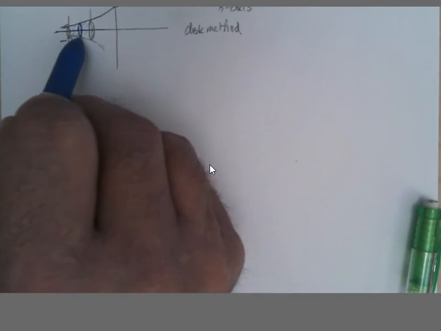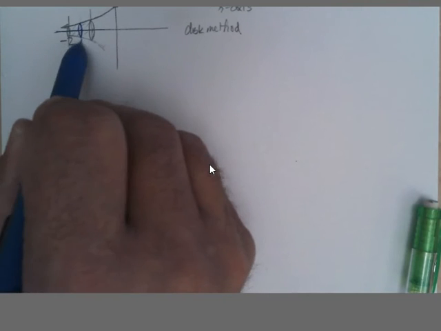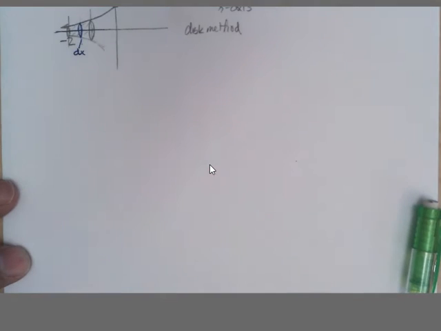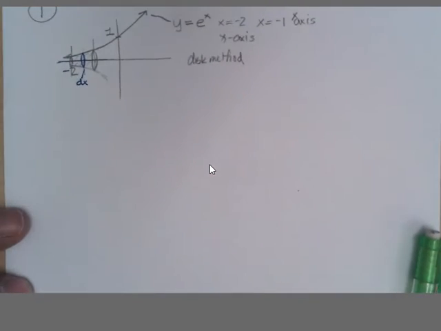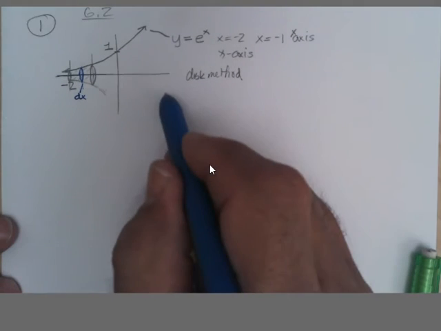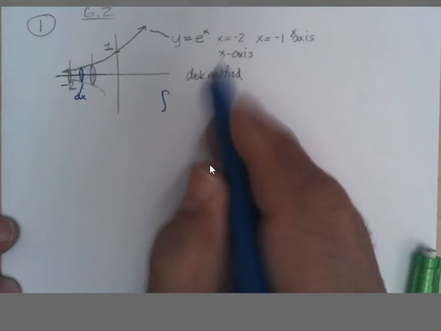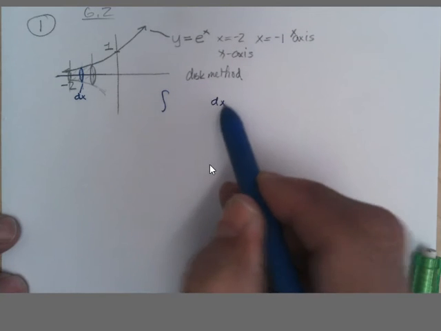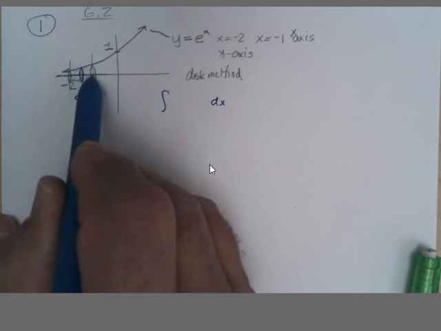The thickness would be this way in the x direction, so its thickness we're going to call dx. And we're going to integrate with the x's going from minus 2 to minus 1.